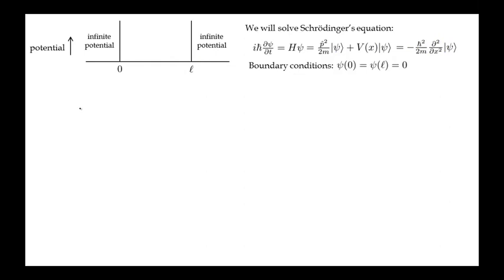Okay, so now that we know what the Hamiltonian is, we are left with the problem of solving Schrödinger's equation for this given Hamiltonian H.